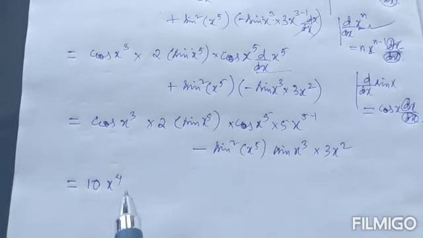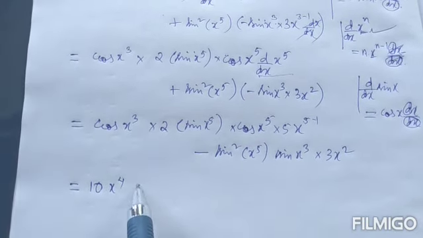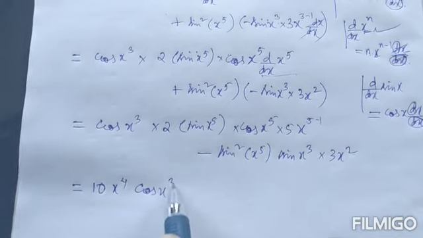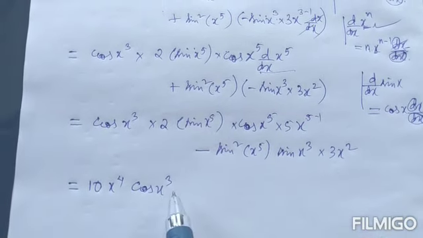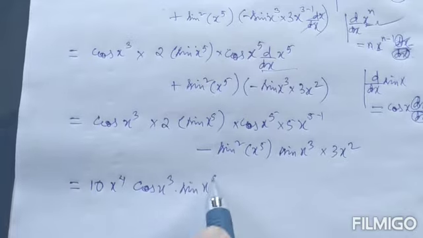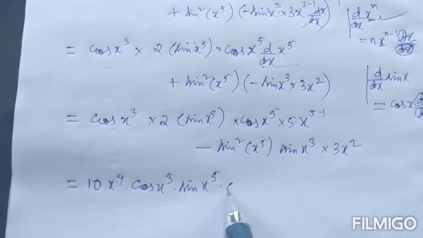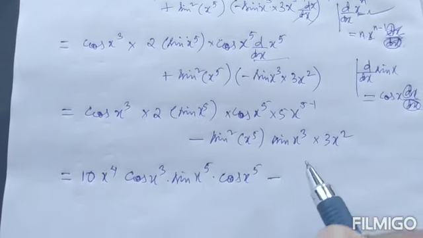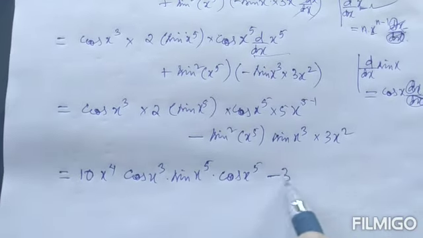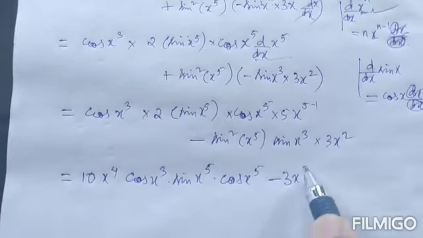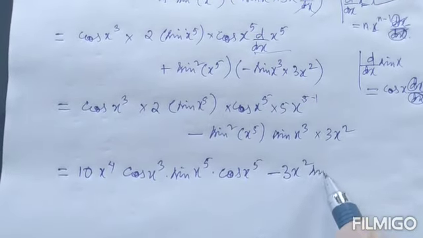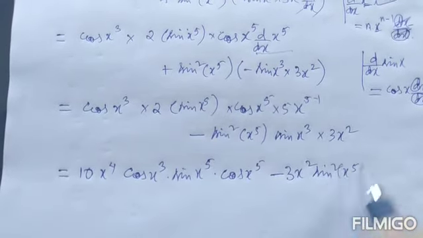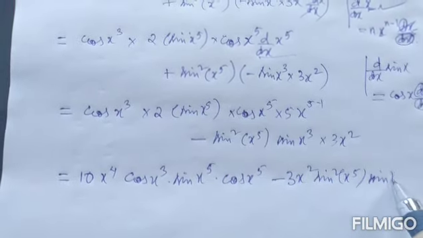Then I'll arrange cos and sin. Cos x cube, sin x power 5 and then cos x power 5, minus 3 will come and then x square and then sin square x power 5 sin of x cube.